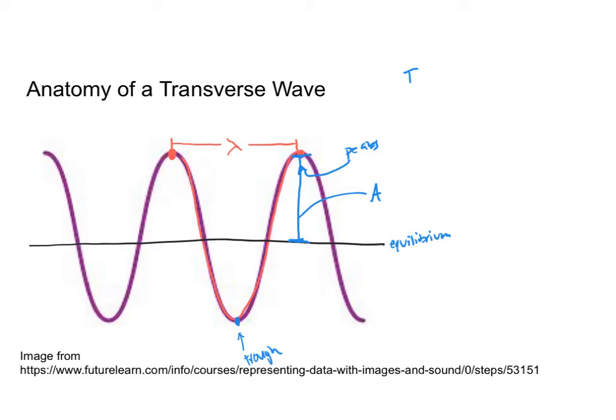And if that were the case, the period would be the time it takes to get through one full cycle, or the time it takes to go through one full wavelength. And just like in simple harmonic motion, the period is equal to 1 over the frequency, which we're going to measure in hertz. So that is our transverse wave.